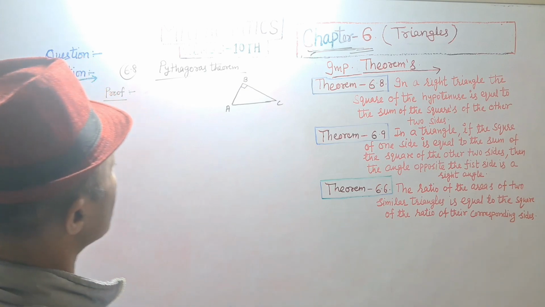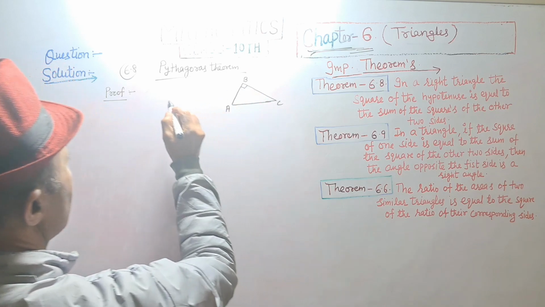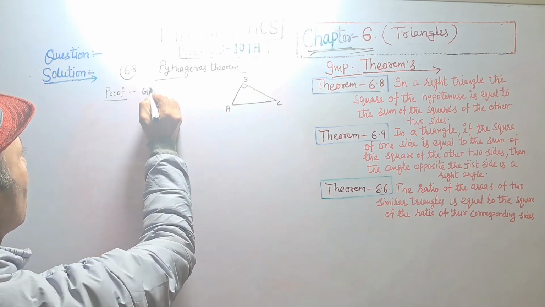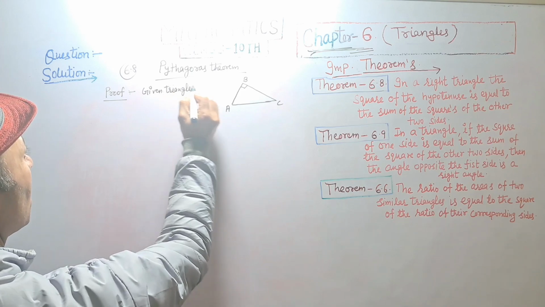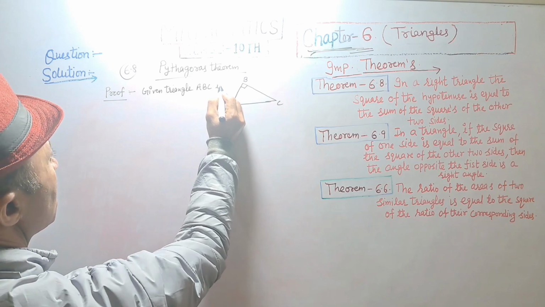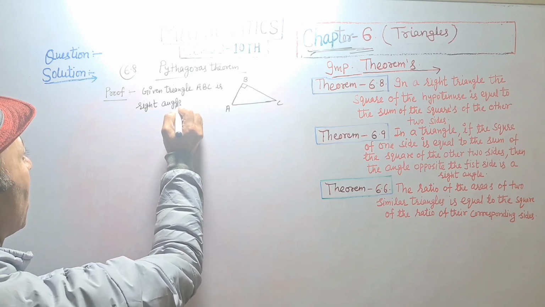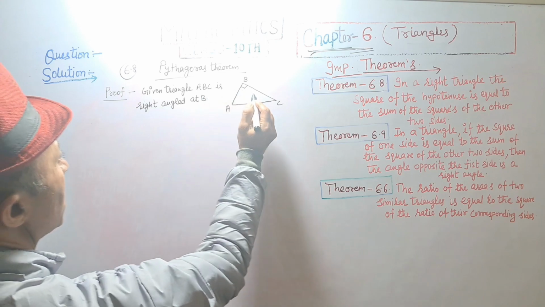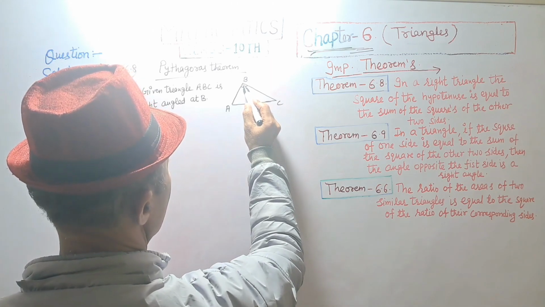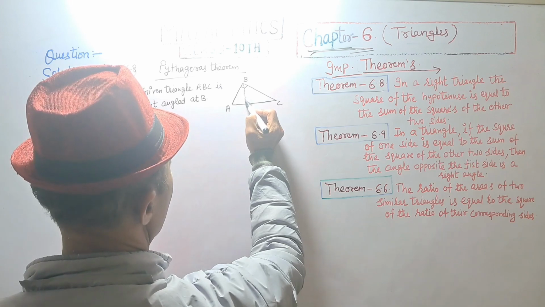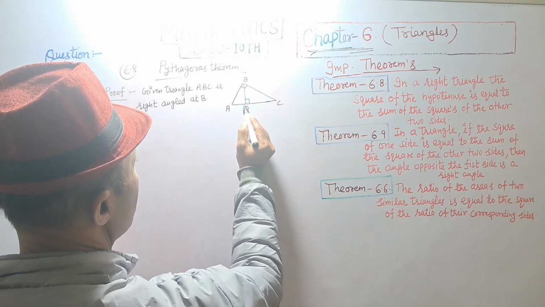Proof. Given: triangle ABC is right angled at B. From B, draw a perpendicular BD.